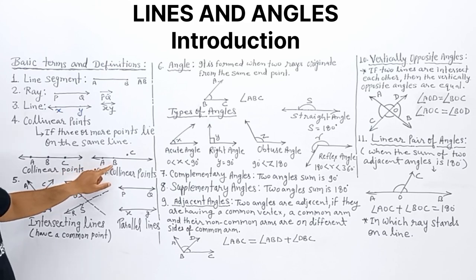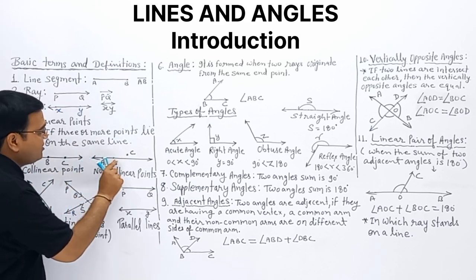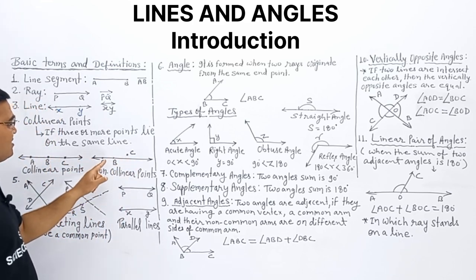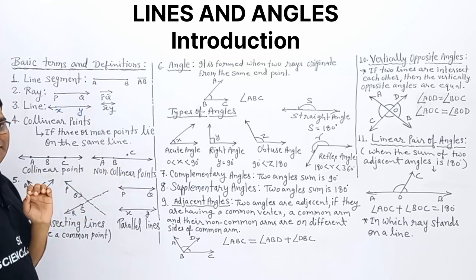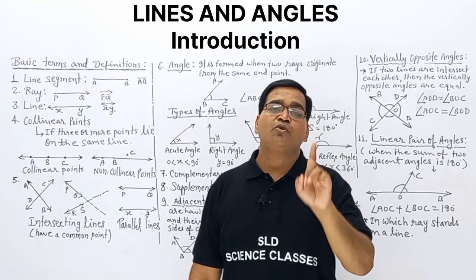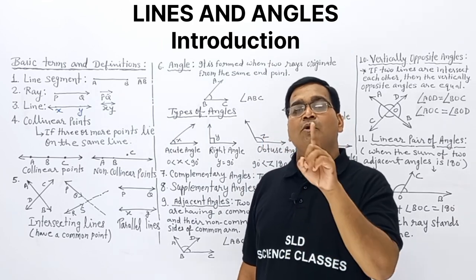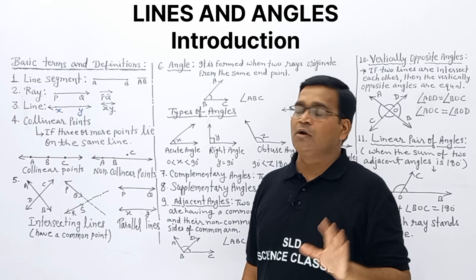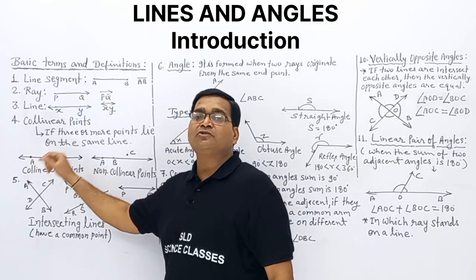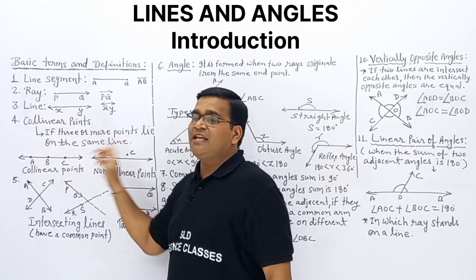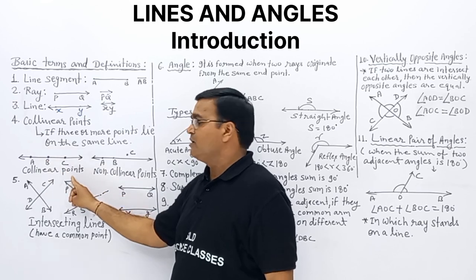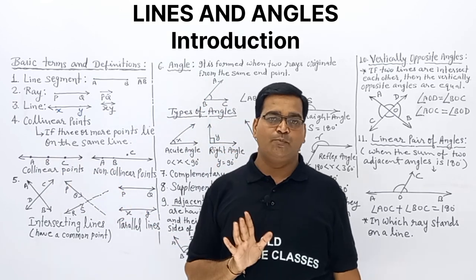But if of the three points A, B, C only A and B lie on this line, then A, B, C are not collinear points. Once all points lie on the same line, they are called collinear points, otherwise non-collinear points.